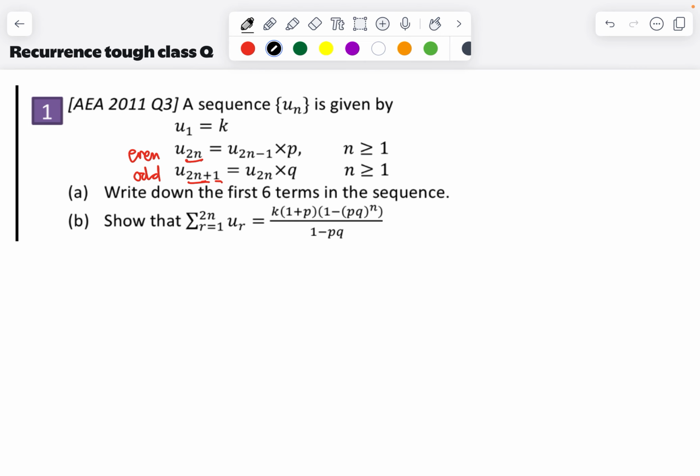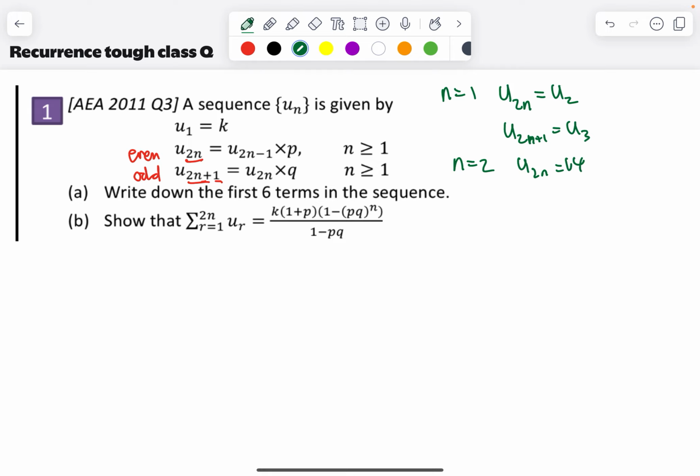So what that means is if I pick n equal to 1, then u of 2n is u2, and u of 2n plus 1 is u3. Same thing, if I pick n equals 2, that means u of 2n equals u4, and u of 2n plus 1 equals u5.